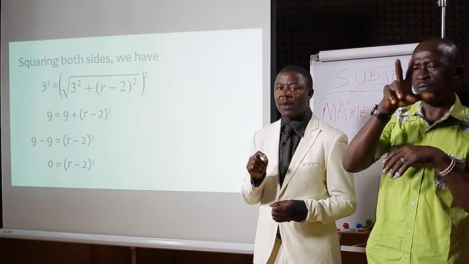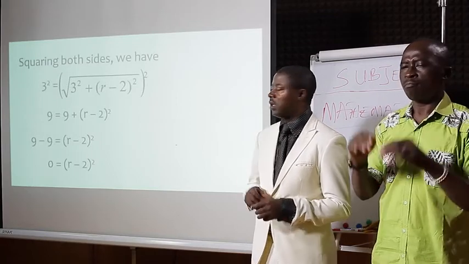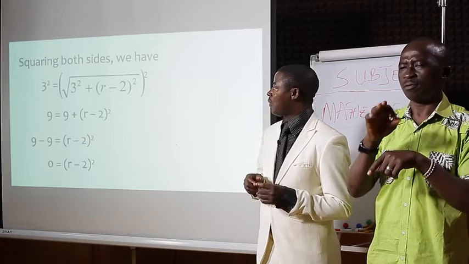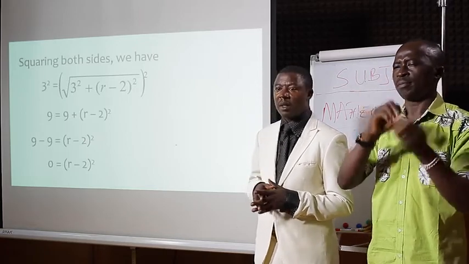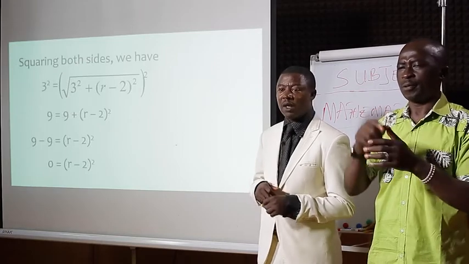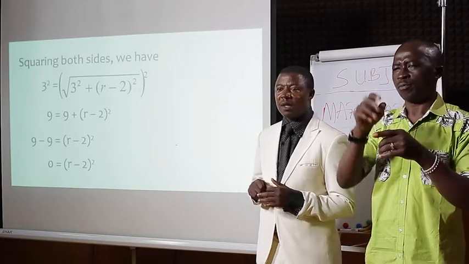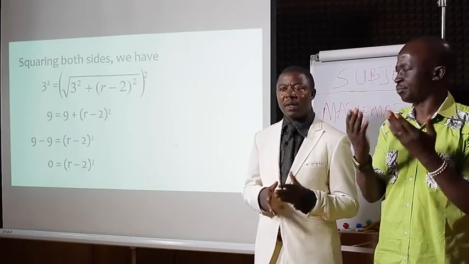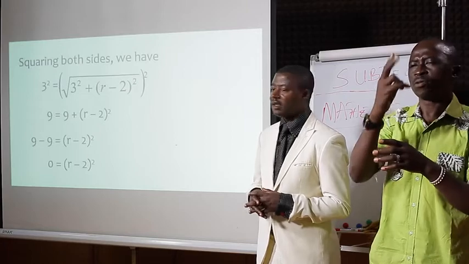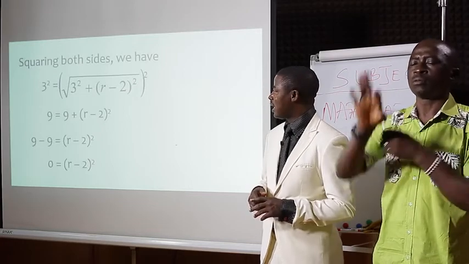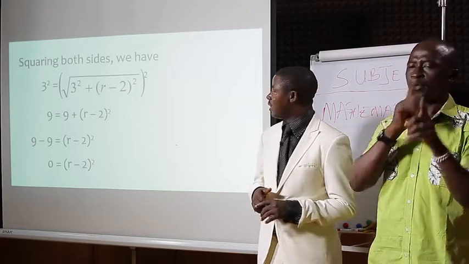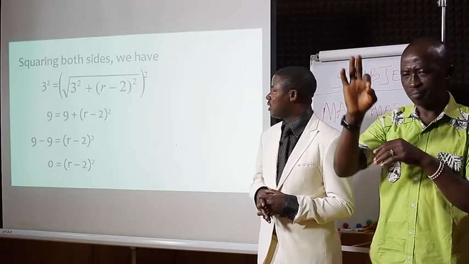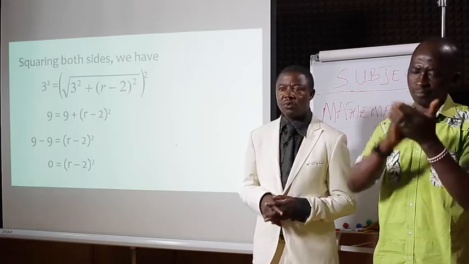We now have 3 squared equals the square root of 3 squared plus (R minus 2) squared, all squared. Then simplifying, 3 squared is 3 times 3, and the answer is 9. The result is 9 equals 9 plus (R minus 2) squared.